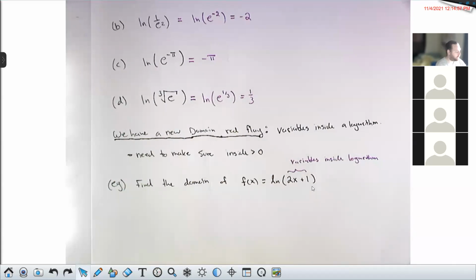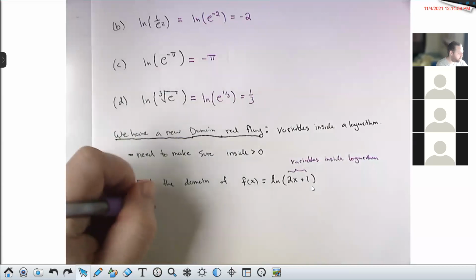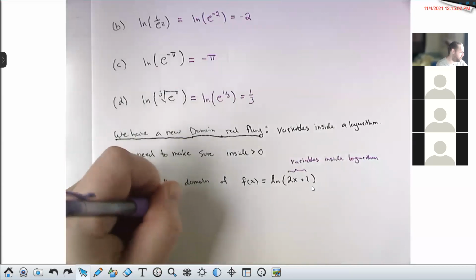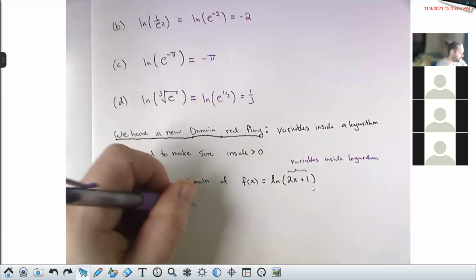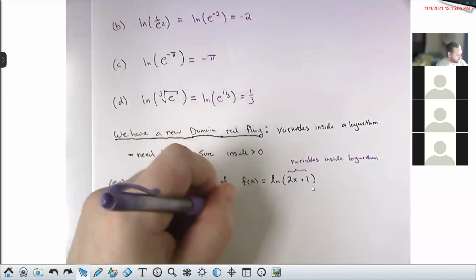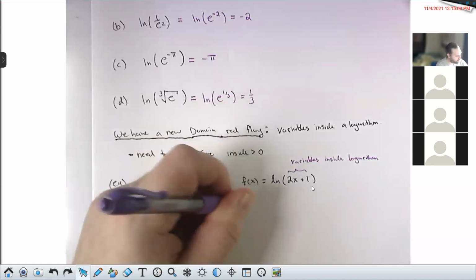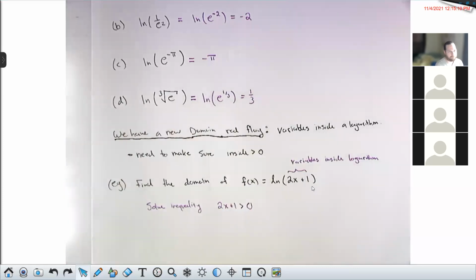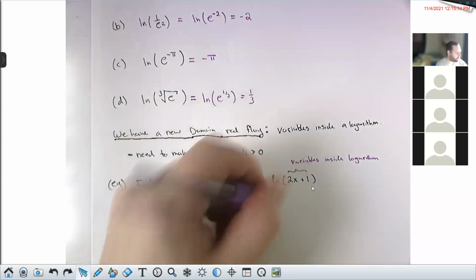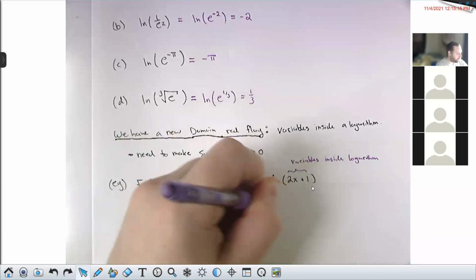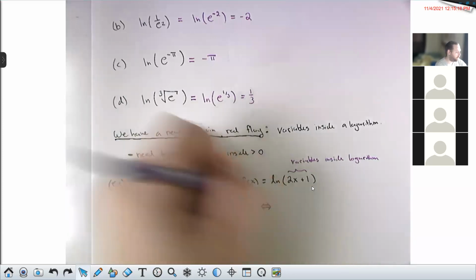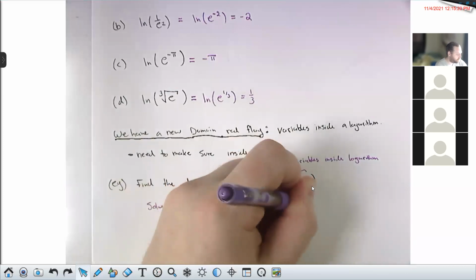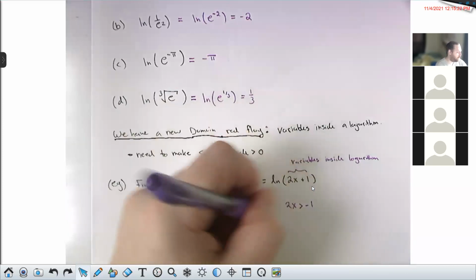So to find the domain, we need to solve the inequality 2x plus 1 is strictly greater than 0. And thankfully, this is a linear inequality. This is easy enough to solve. We can subtract 1. We get 2x is greater than -1.